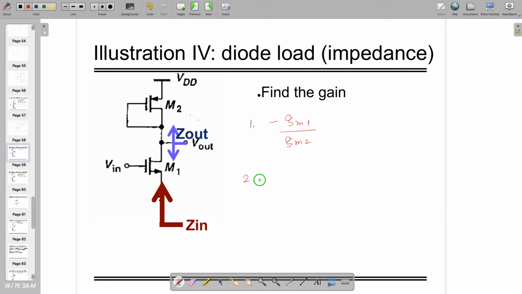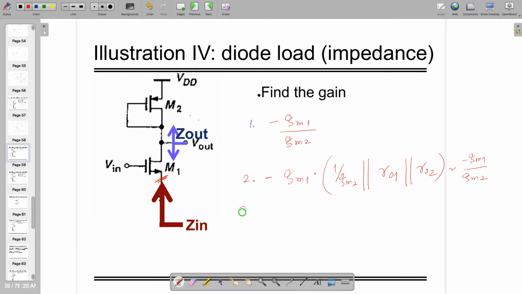Yeah, Suraj. Looking from here, it's the same, minus GM1 times 1 by GM2 in shunt with RO1 in shunt with RO2 also, but you can approximate to the same answer, because 1 by GM is such a small value that in this case also the answer is the same, right?